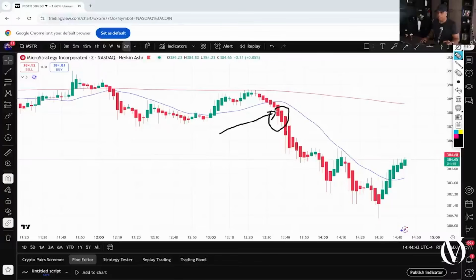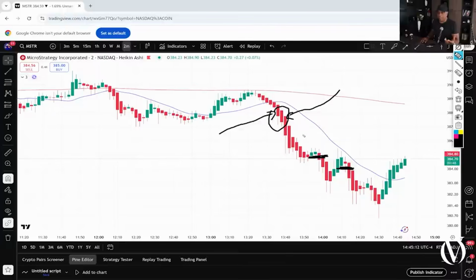But where's my color change? There's a hidden one here if you want to get very specific, but that's a little bit more advanced. My color change is not there. The next color change reality is way down here. So I missed this opportunity here that was there. I get a late color change all the way down here. And I get another late one down here.